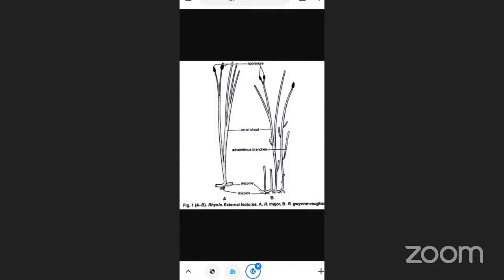The class Xylophytopsida includes vascular cryptogams present solely in the Silurian to Devonian period only. The fossil remains are mostly fragmentary and incomplete, and much of the detail is still unknown.